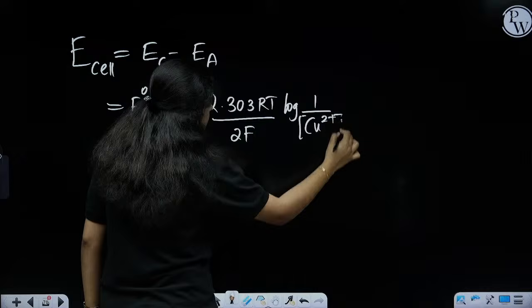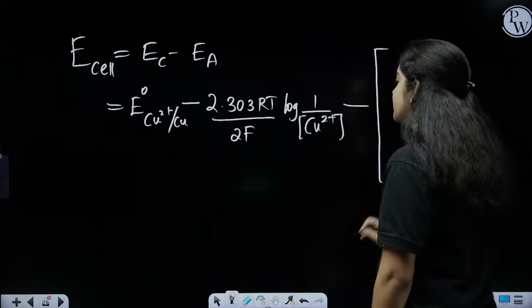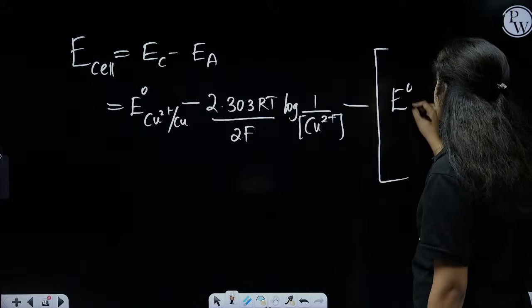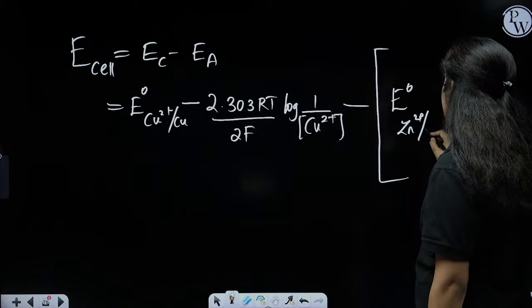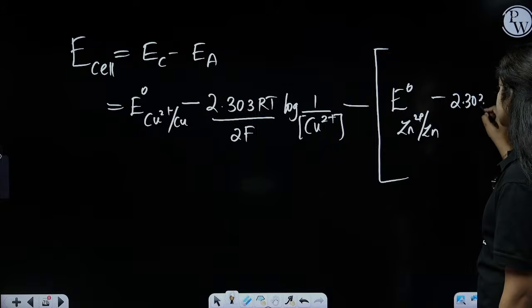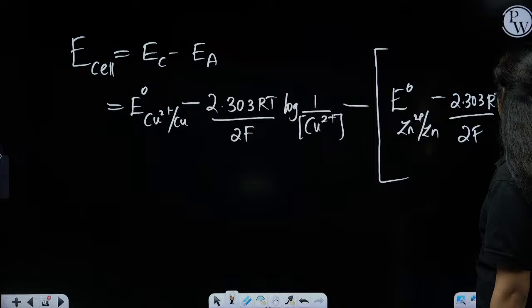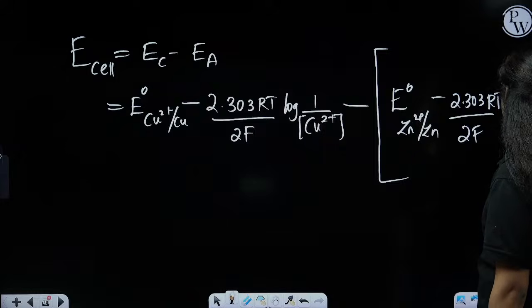Then, whole minus, I'm going to put a big bracket, then E0 Zn2+ bar Zn minus 2.303 RT by 2F log 1 by Zn2+. So these are the equations.